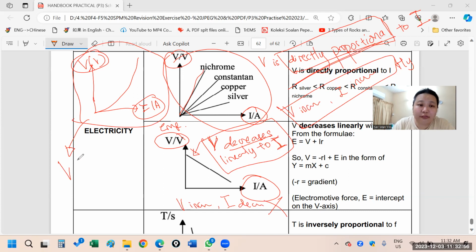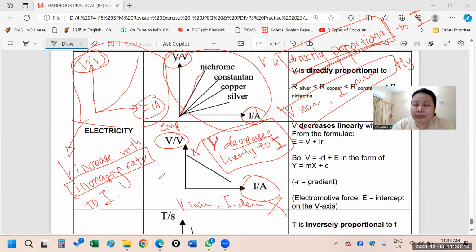So we say V increases with increasing rate to I. If you draw 3 dots here, you draw a gradient, you determine the gradient here.